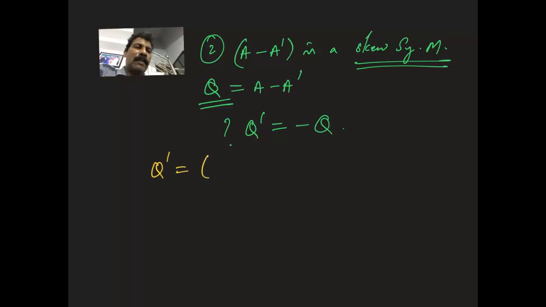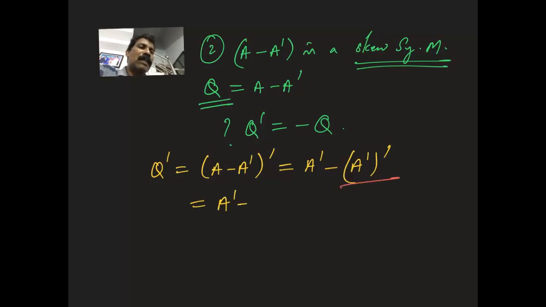What is Q dash here? That is A minus A transpose whole transpose. That is equal to A transpose minus A transpose transpose. That is equal to A transpose minus, what is A transpose transpose? That is equal to A only. Therefore, we can write A here. So that is negative of A minus A transpose. That is equal to minus Q.